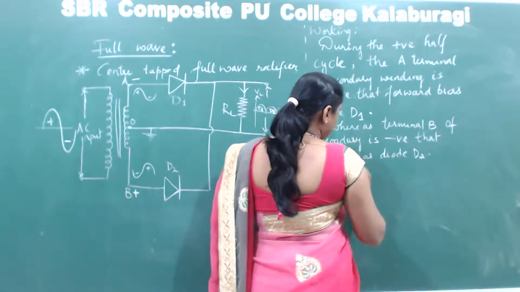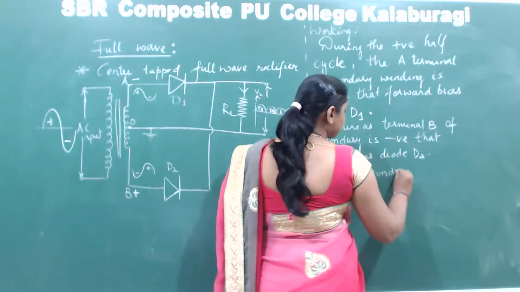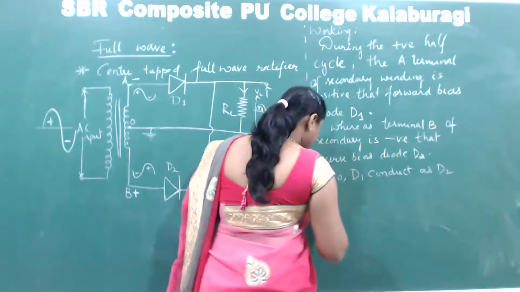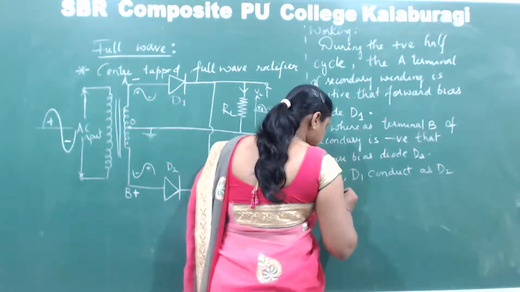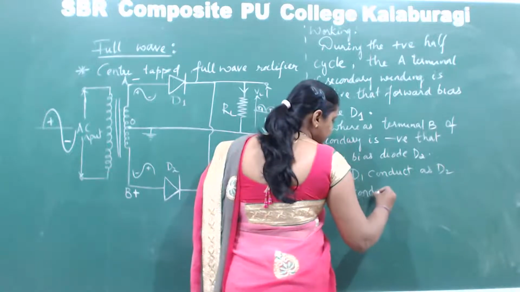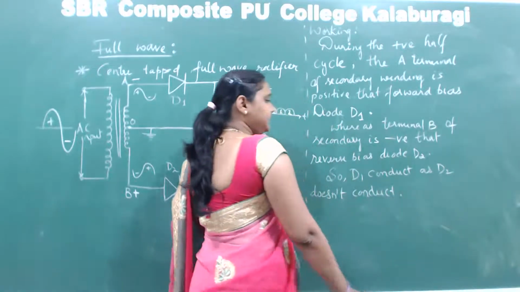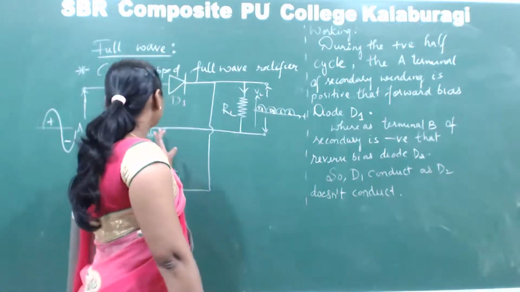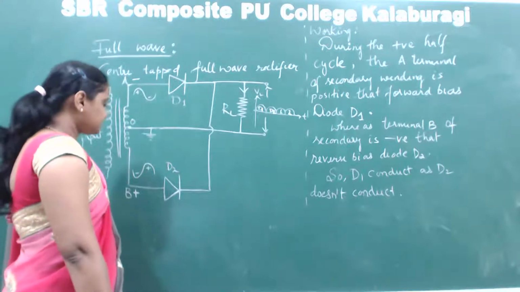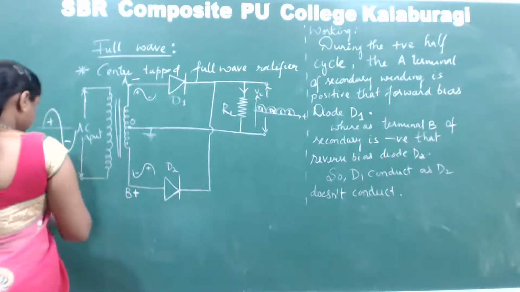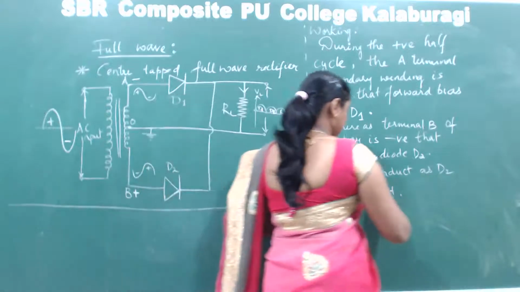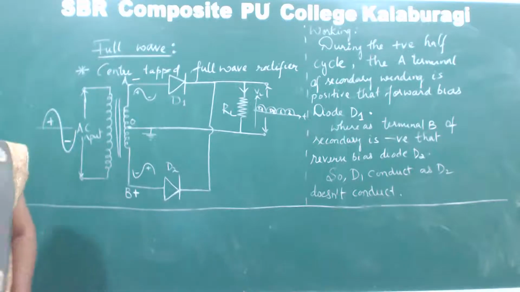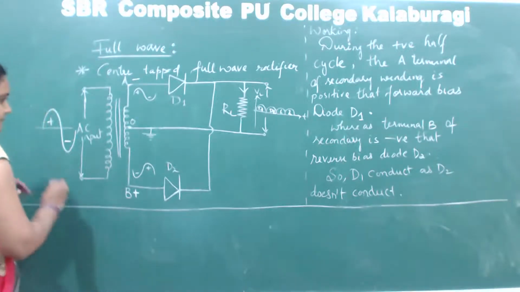So D1 conducts and D2 does not conduct. D1 conducts and D2 doesn't conduct. Now what happens as D1 is conducting and D2 is not conducting?